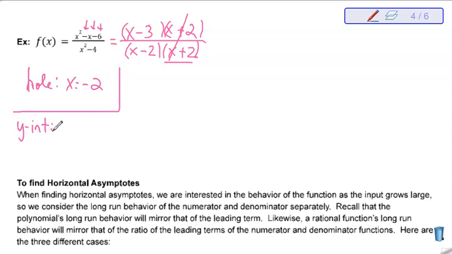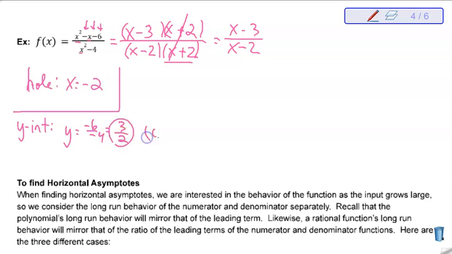What is the y-intercept? The y-intercept is when x equals 0. Now what's our final function? Whenever I have those things canceled, that's what remains. So whenever you let x equal 0, you can put 0 here, 0 here, 0 here. All of those are gone, leaving us with y equaling negative 6 over negative 4, which reduces to 3 halves.